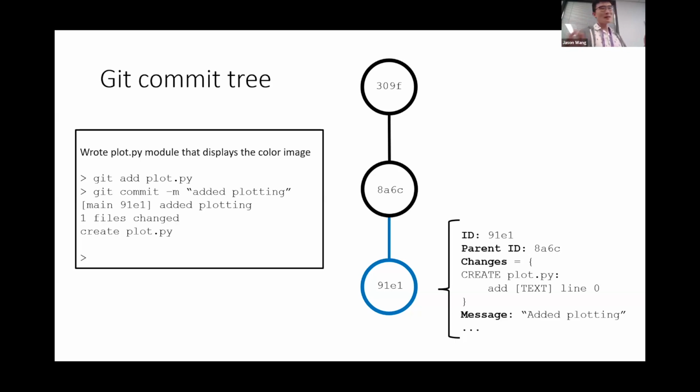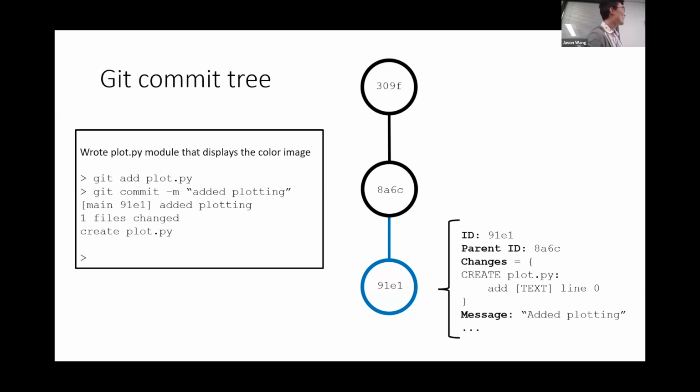And once again, 91E1 knows about 8A6C. 8A6C does not know about 91E1, and 309F doesn't know about either of them, right? So each commit knows about its parent, and just remember that when you go to a previous commit, it knows nothing about what's happening after it. It only knows about the past, just like us. Okay, so this is our timeline.